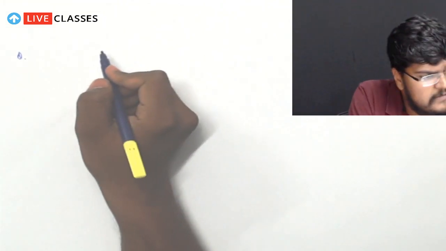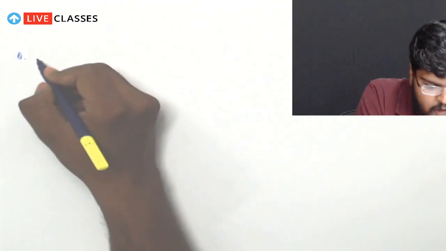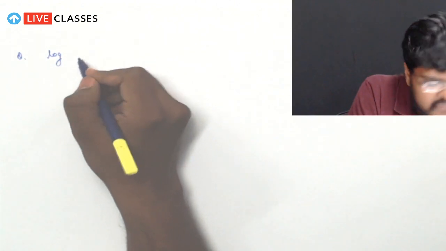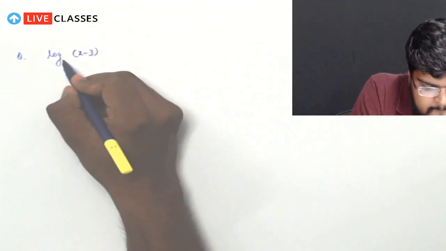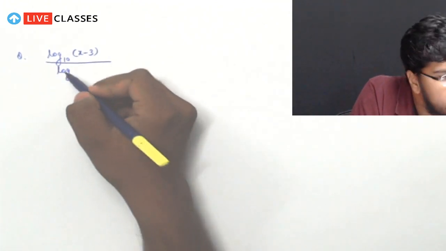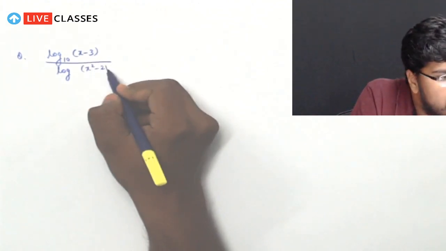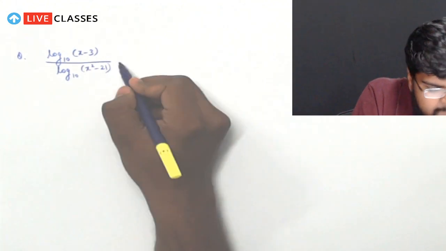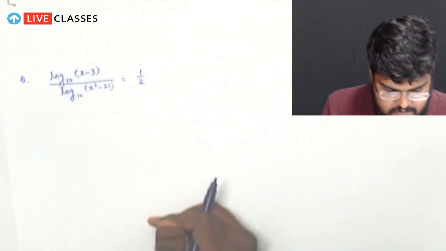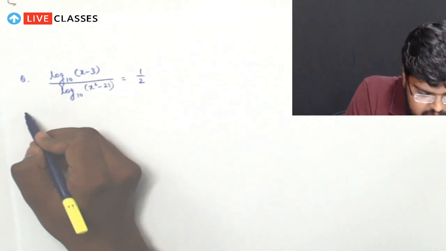The question was from logarithmic equations, and I can see that the question is log of x minus 3 to the base 10 upon log of x square minus 21 with base 10 is equal to 1 by 2. Cool. So that's actually a good question to solve. So let us now try and solve this question, guys.